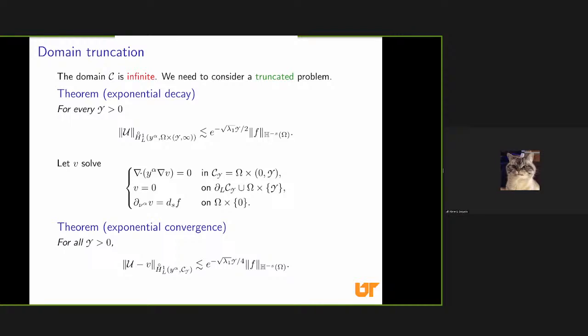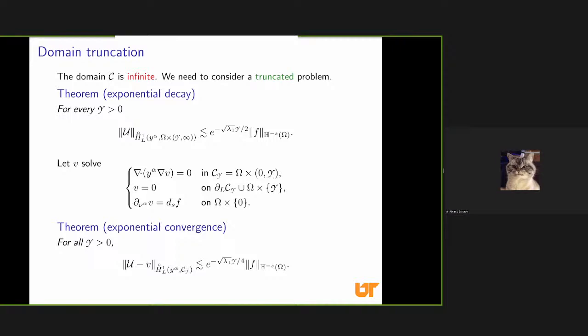Those are suited for bounded domains, but we have an infinite cylinder. So what we're going to do is truncate the cylinder. It turns out that you can say that the solution to the original problem decays exponentially as you move in the extended direction. And so we're just going to chop at some height, capital Y, and live with it.